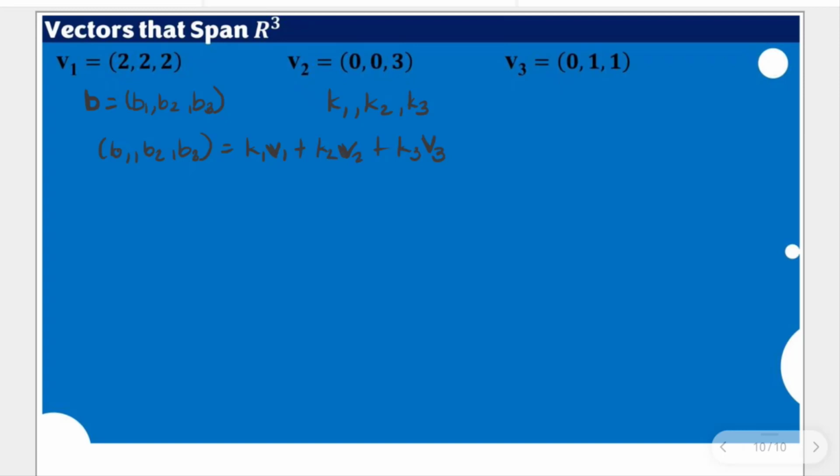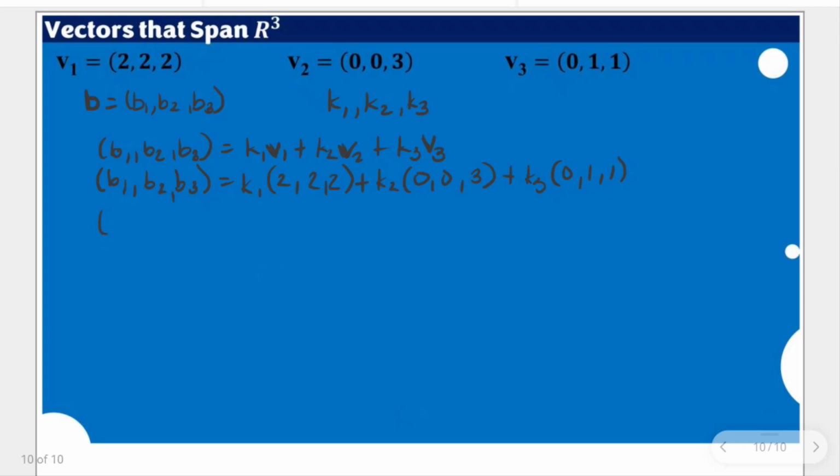So let's substitute the values for vectors v sub 1, v sub 2, and v sub 3. (b sub 1, b sub 2, b sub 3) is equal to k sub 1 of (2, 2, 2) plus k sub 2 of (0, 0, 3) plus k sub 3 of (0, 1, 1).